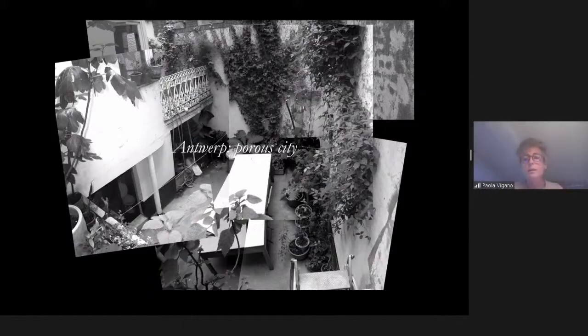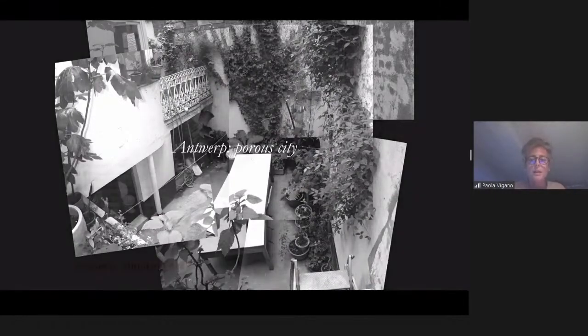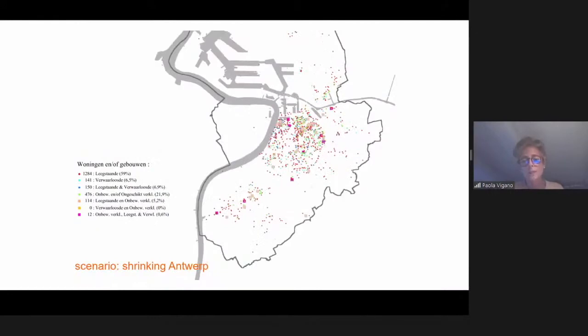For example, in the case of Antwerp, we use this idea of porosity that is coming from Benjamin, looking at Naples, in the idea of valorizing all these empty spaces, abandoned spaces. I'm talking here of the beginning, 2003 more or less, when the city of Antwerp was declining very, very much, and there was abandonment in the city center, especially in the densest part of the city.